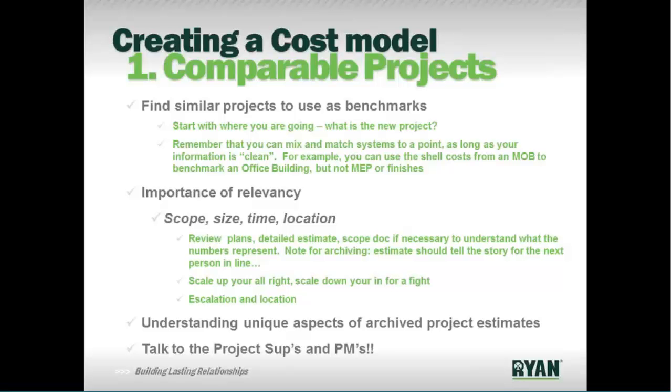Location is another one. We use the RS means location index for that. It's not perfect either, but it's kind of an industry standard available index that helps. So in the new system, which we'll train on later with Monologics, it allows you to easily make those adjustments for escalation and location.